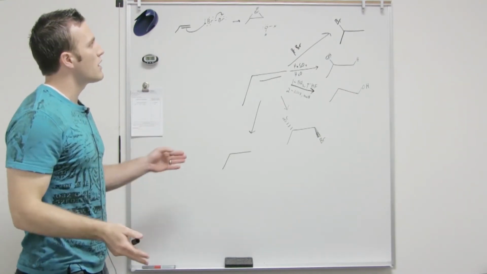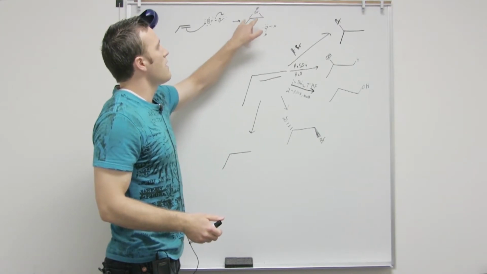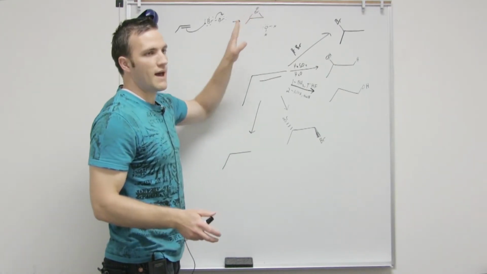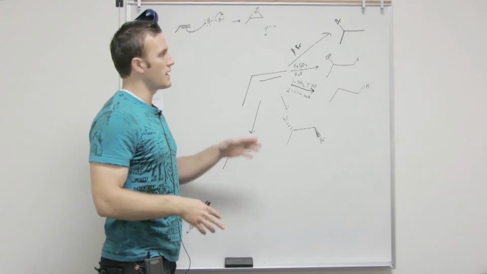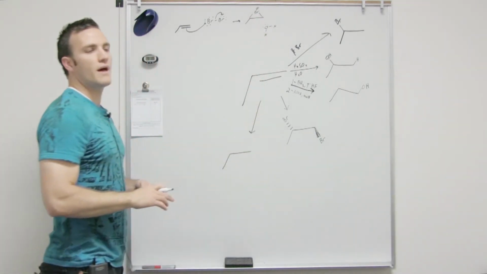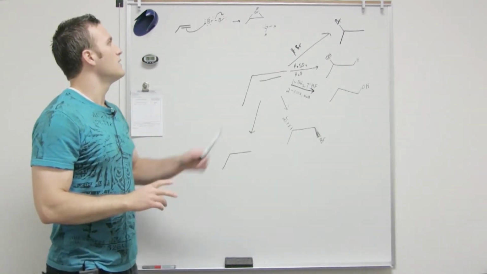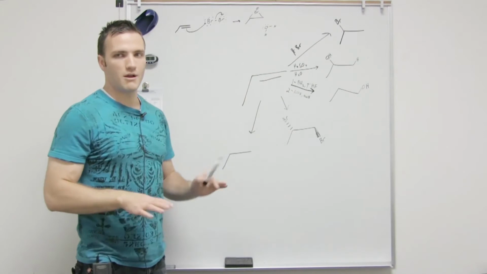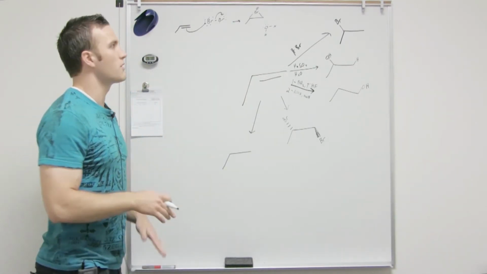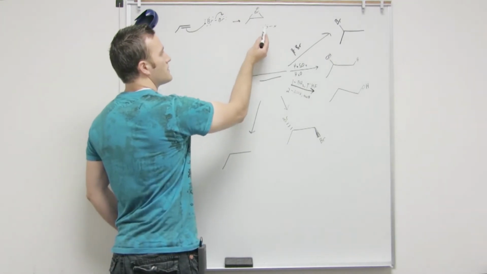You're not going to form a carbocation in this mechanism, but as you're breaking the bond, one of them is going to have carbocation-like character, right? So if you broke this bond, you'd have a primary carbocation-like carbon. If you broke that one, it would be a secondary carbocation. It's not a full-fledged carbocation, but it does become partially positive as this bond is breaking and that bond's forming.